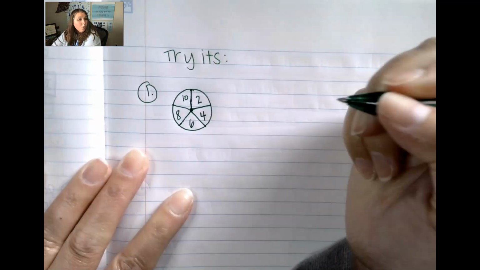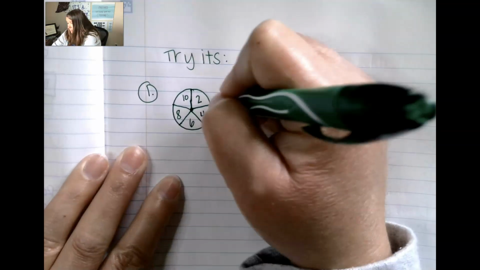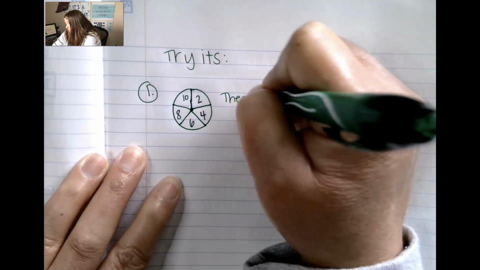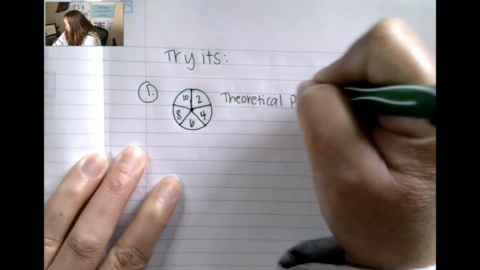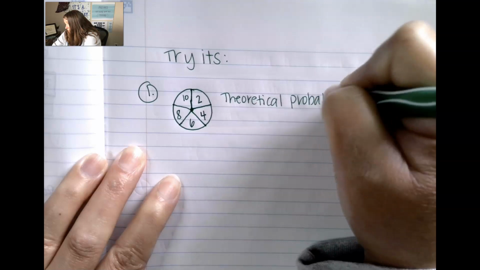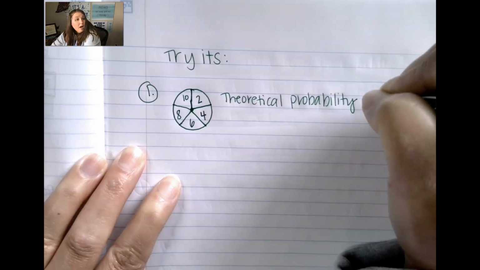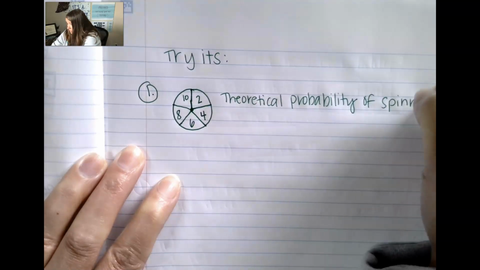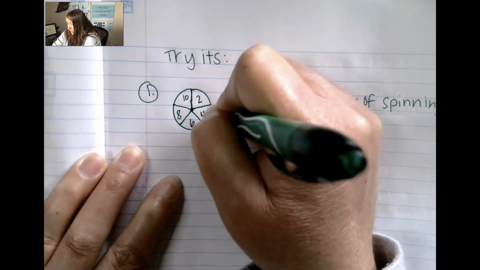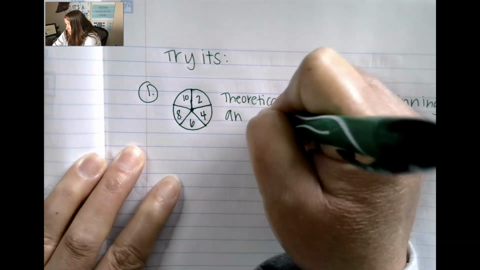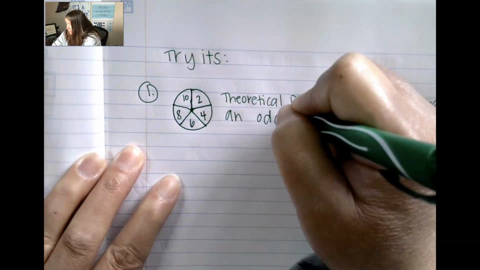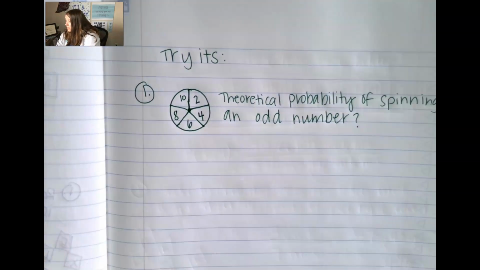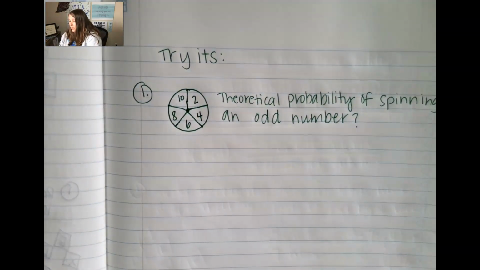And they want to know what is the theoretical probability of spinning an odd number. Ooh, this one's tricky. What's the theoretical probability of spinning an odd number?